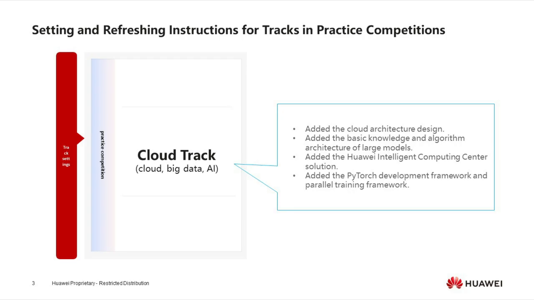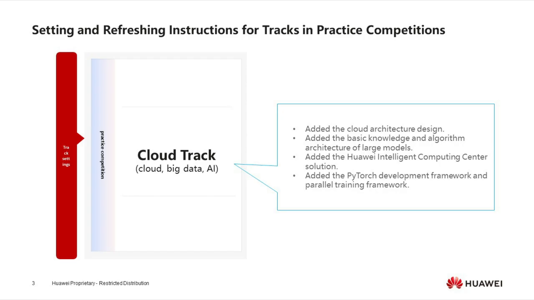This box introduces to you what is the difference for this year from last year. These are the contents we have added to this 2025 ICT competition for the cloud track. So these are the major differences.